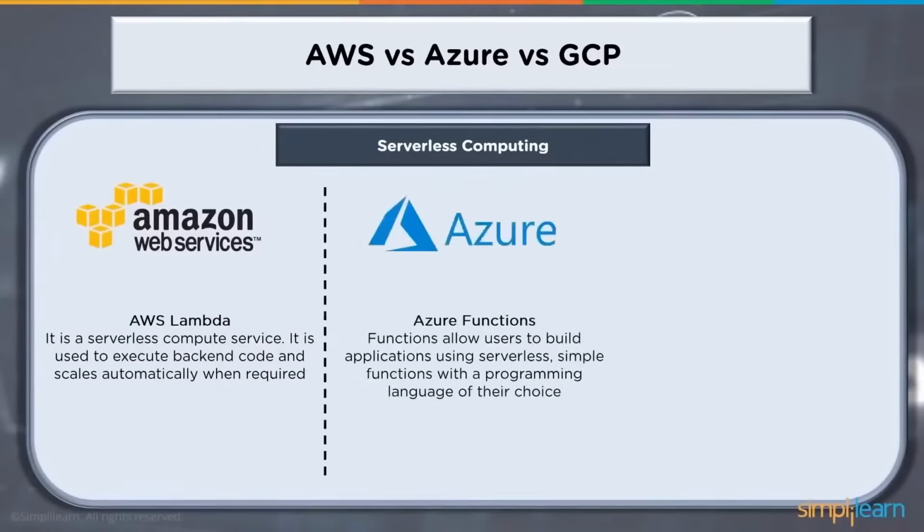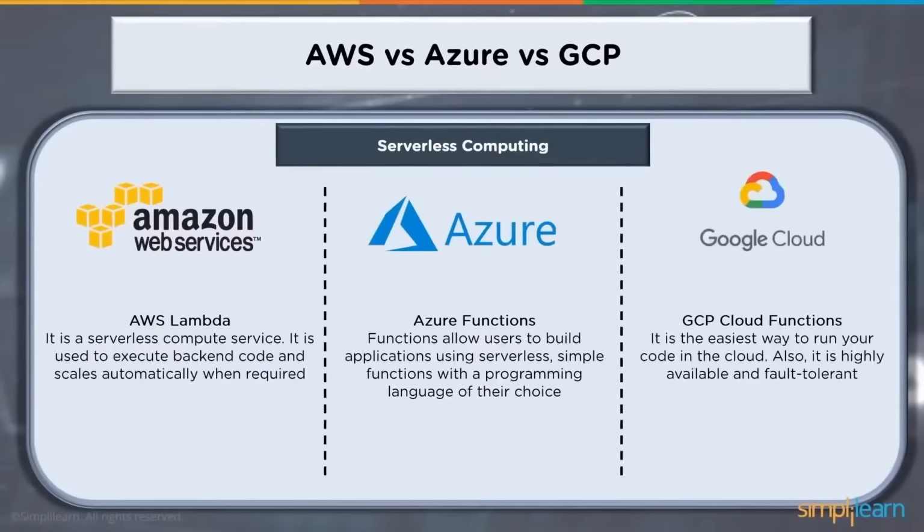When we talk about Azure, you have something called Functions, which allow users to build applications using simple serverless functions with a programming language of their choice. When we talk about Google Cloud, GCP has Cloud Functions, which is the easiest way to run your code in the cloud, and it is highly available and fault tolerant.